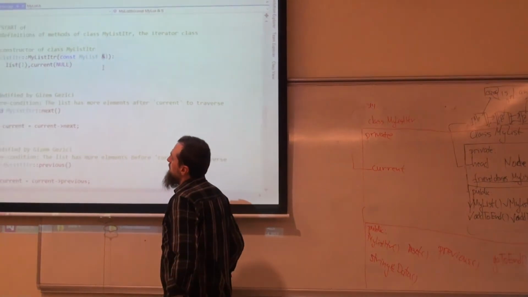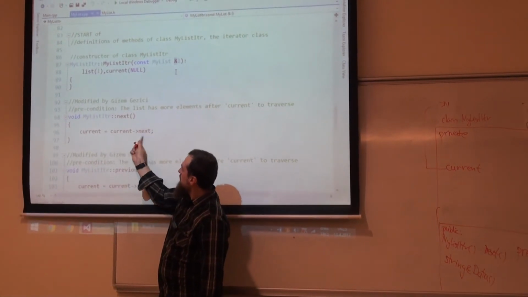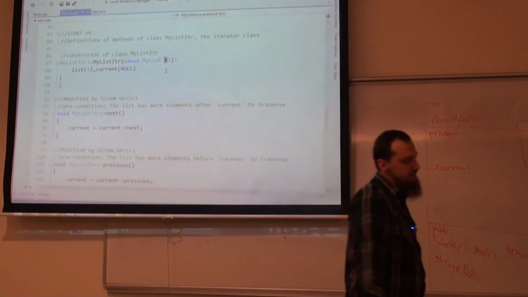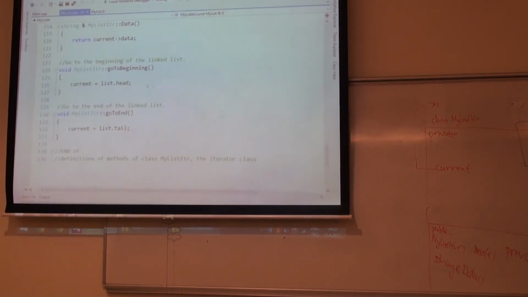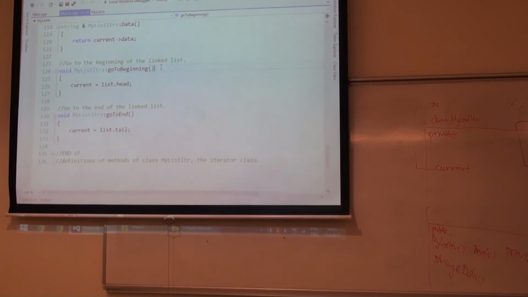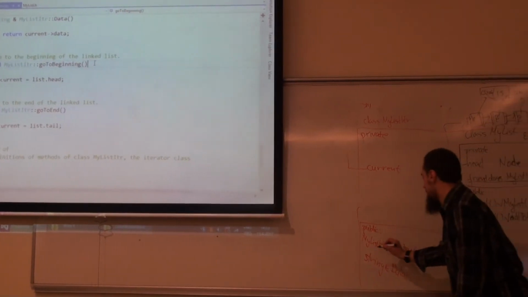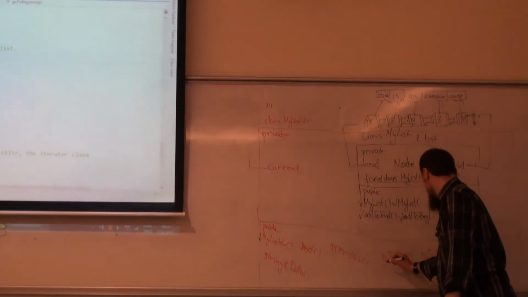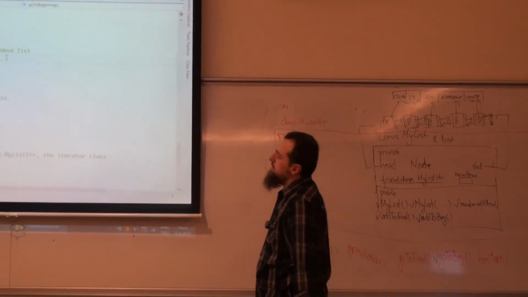When I use the next function, what I'm doing here is saying current is equal to current next. But before doing this, let me go to the go to beginning function. So we just saw the constructor. Now let's go to the goToBeginning function. Let's see what it's doing.